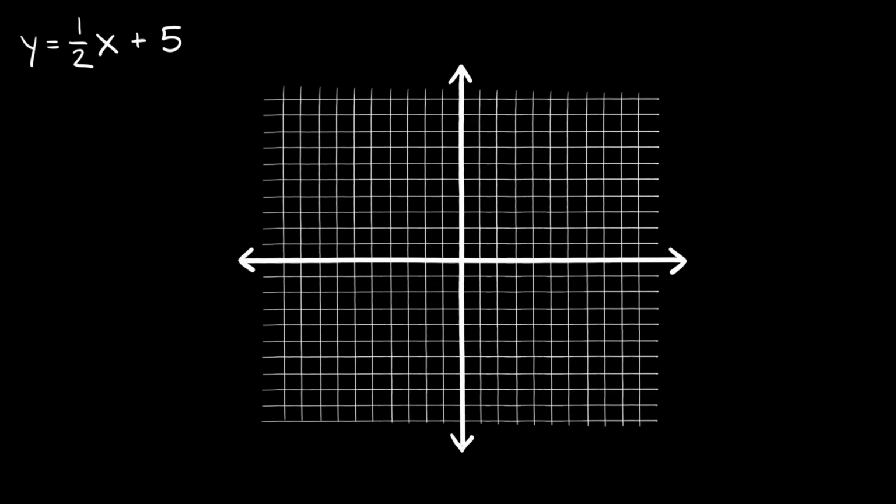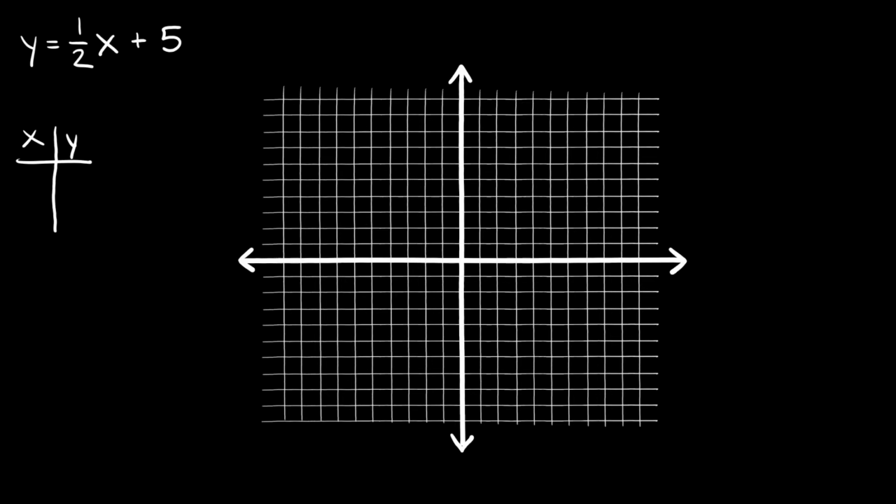Here's the second example. This time we're going to graph the equation y = 1/2 x + 5. Again, the first thing you want to do is make yourself a table with x coordinates and y coordinates. Then the second thing you're going to do is plug in whatever numbers you want.